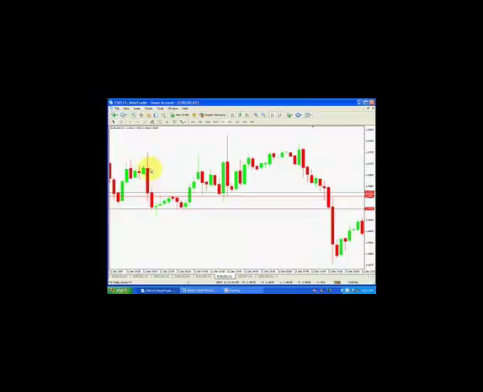Now the closest resistance we have would be this bar here where these are buyers, and when price gets here, they're going to be looking to sell their position so that they can at least break even and not lose money on their trade.